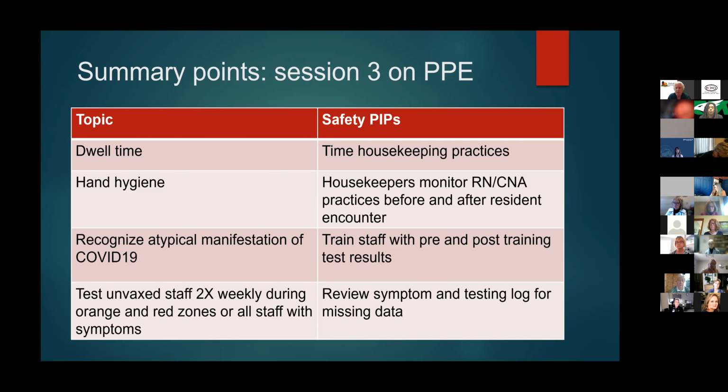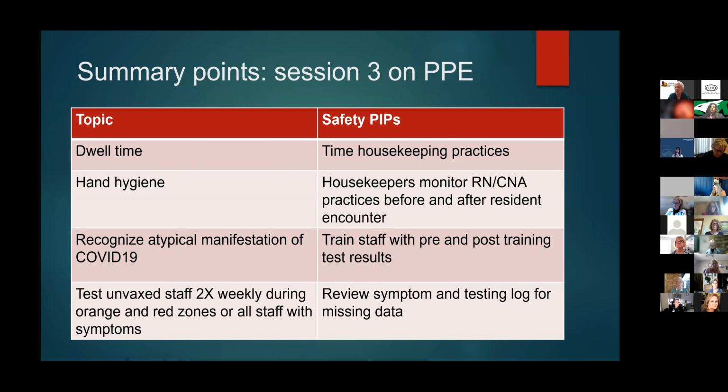The other one we talked about too is just getting staff up to speed about recognizing atypical manifestations of COVID in the older adult. We had that list, that in older adults, COVID tends to present as more fatigue, lethargy, loss of appetite, falls, and delirium.